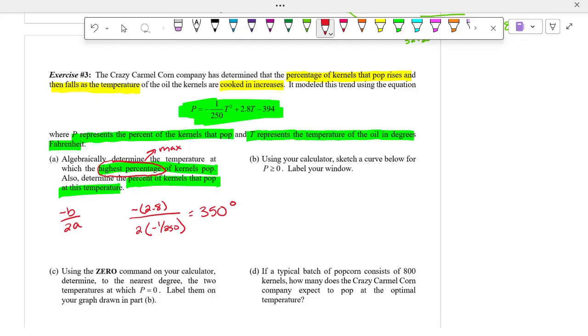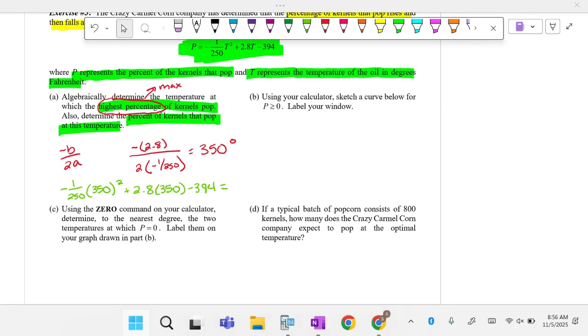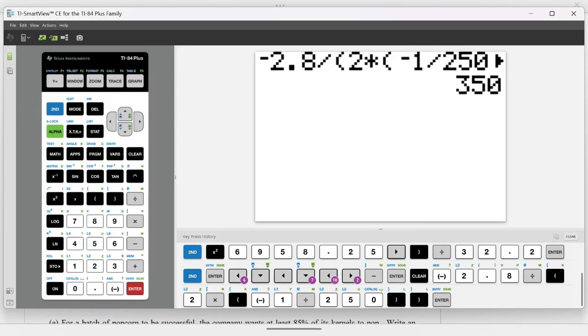Now I need to know what percentage actually pops. So what do you think I'm going to do? Plug it back in. So I'm going to do negative 1 over 250 times 350 squared plus 2.8 times 350 minus 394. I'm just going to put it in my calculator very, very carefully.